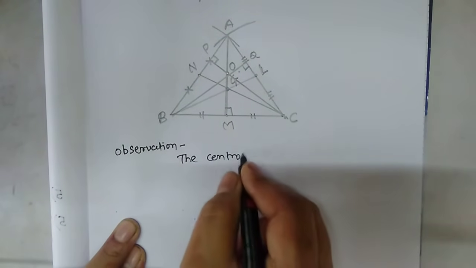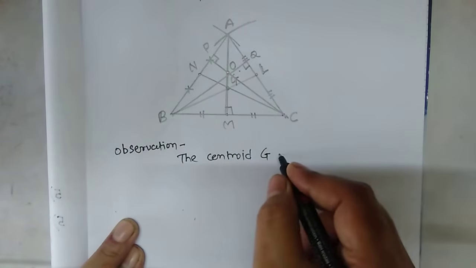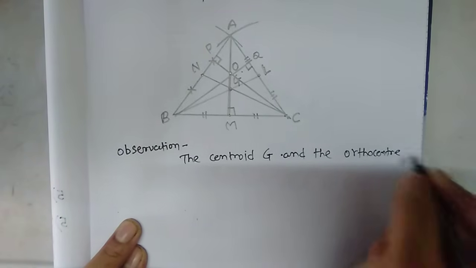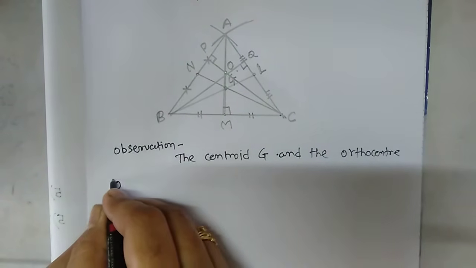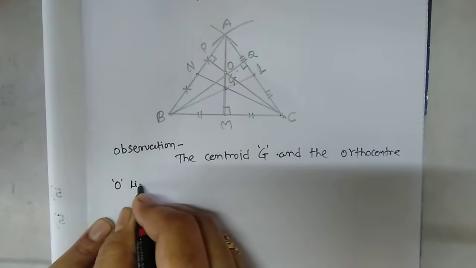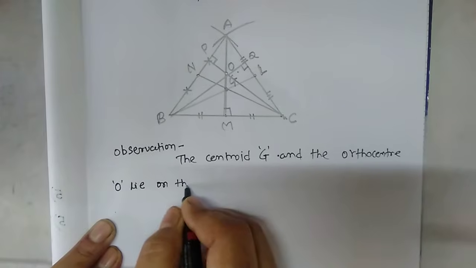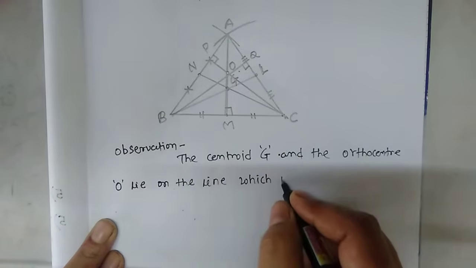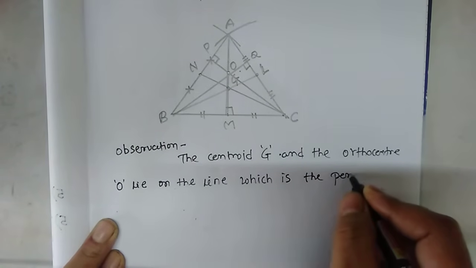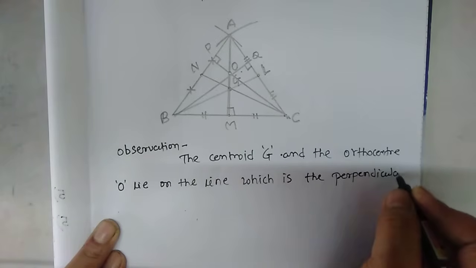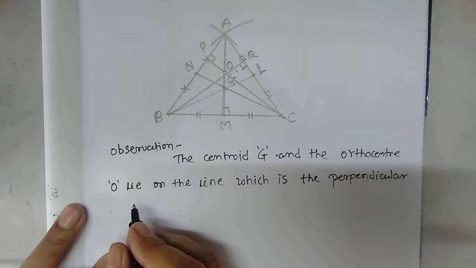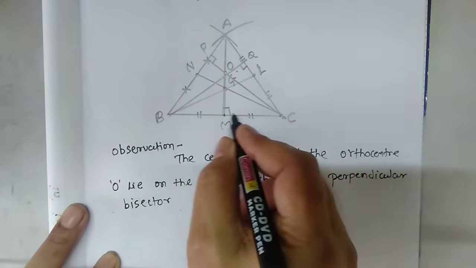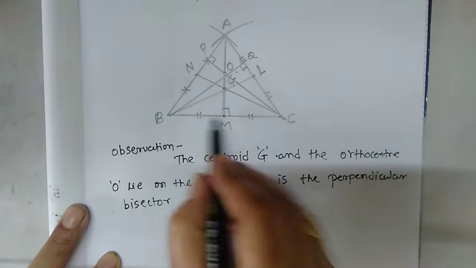The centroid G and the orthocenter O lie on the line which is the perpendicular bisector, because it divides the baseline into two equal parts.